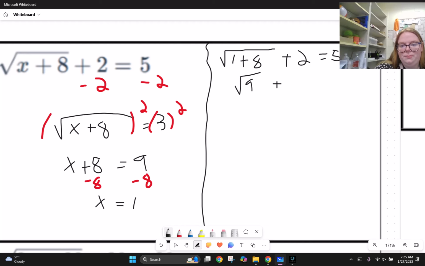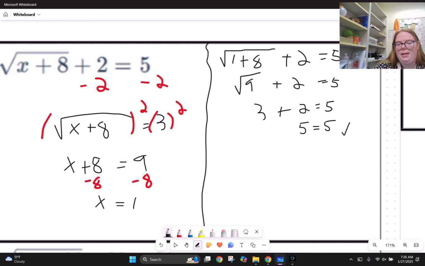The square root of 9 is 3. So we got 3 plus 2. And lucky for us, 3 plus 2 does in fact equal 5. So that's a correct solution. So x equals 1 is the solution, and the only solution.